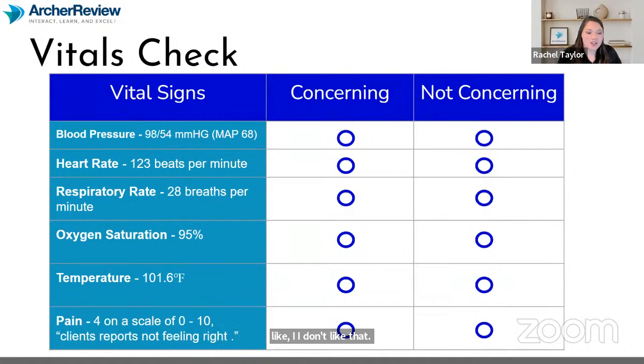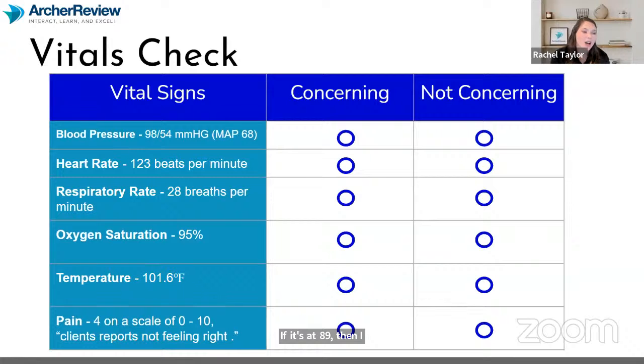And then our oxygen saturation, 95%. Concerned or not concerned? I'm not concerned. 95 to 100, we're golden. If it's at 89, then I'm a little more concerned, right?